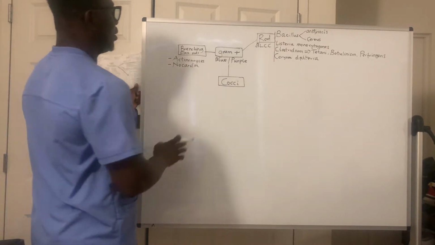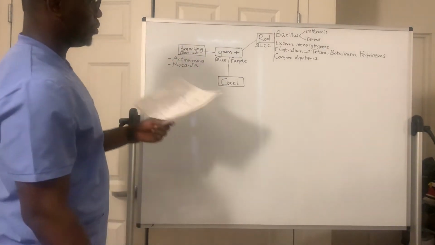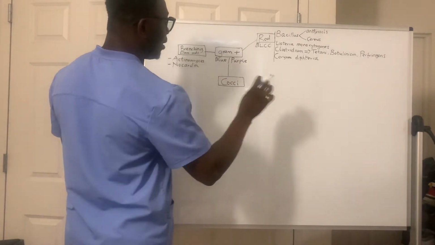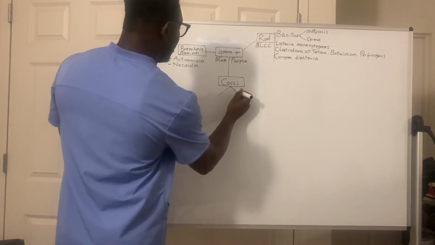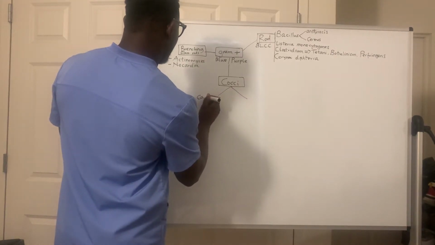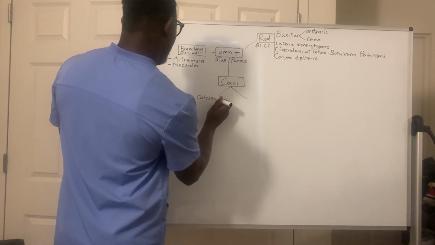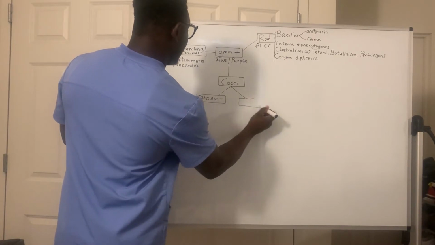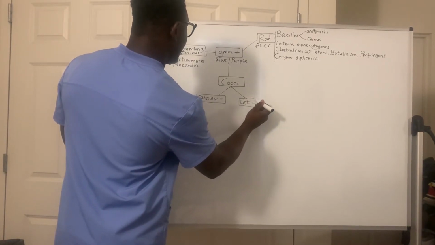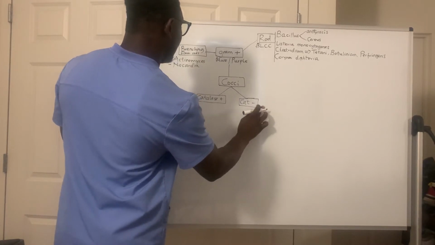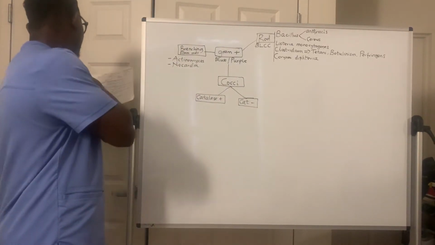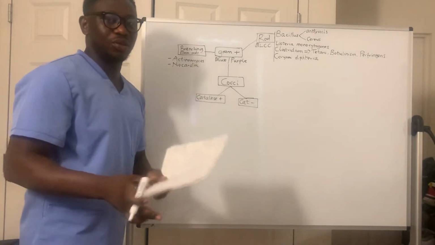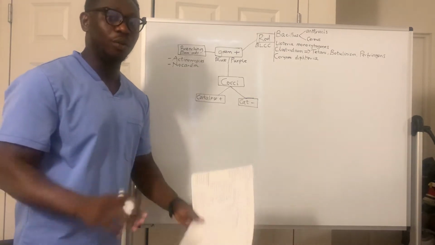Okay. Then our main topic for today, which is the cocci. For the cocci, we can divide this into catalase positive and catalase negative. Under catalase positive, it's better to group this, because when you group it, it can help you answer so many exam questions.